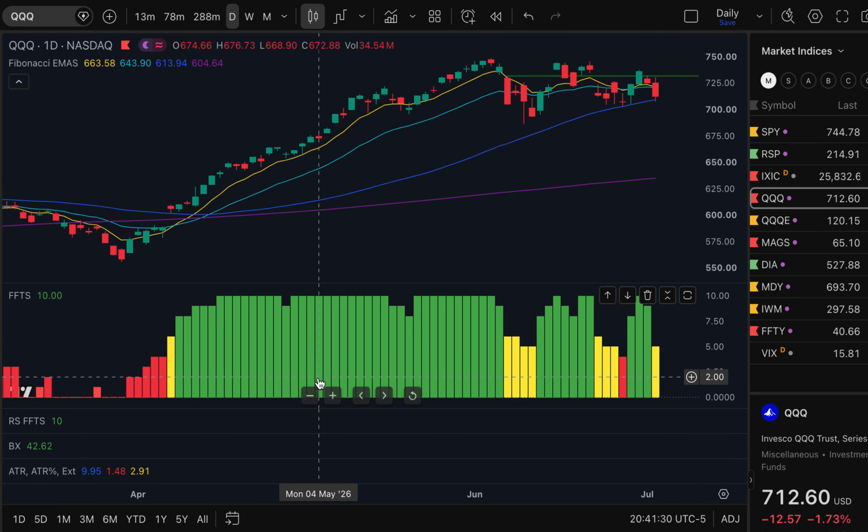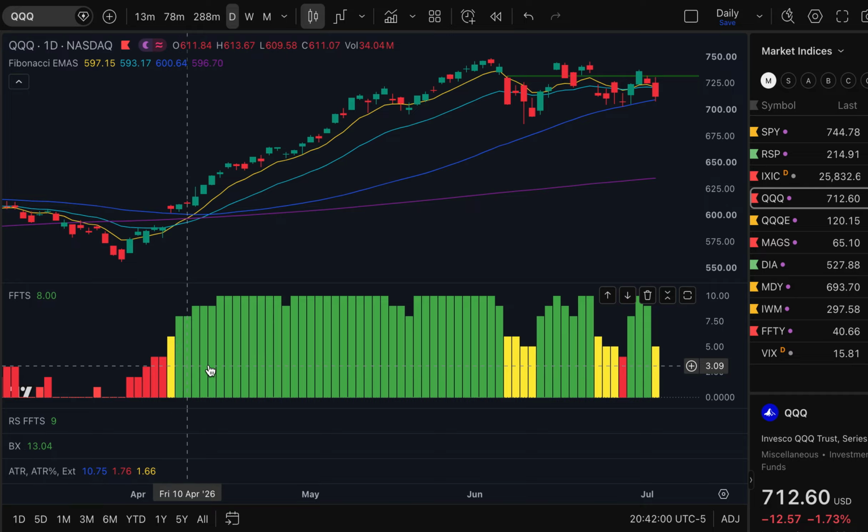So if we look at QQQ, we can see if we go back to April, on April 8th we had a jump from a score of 4 to 6, and then on April 9th it turned green, which is 8 or higher. So this area right here could have served as a good entry signal.